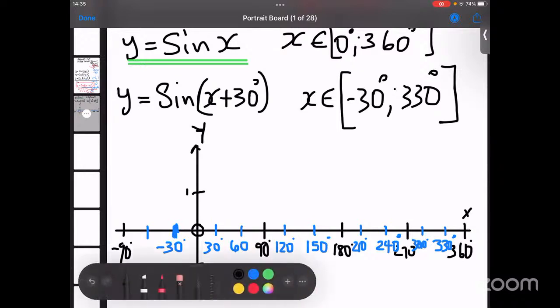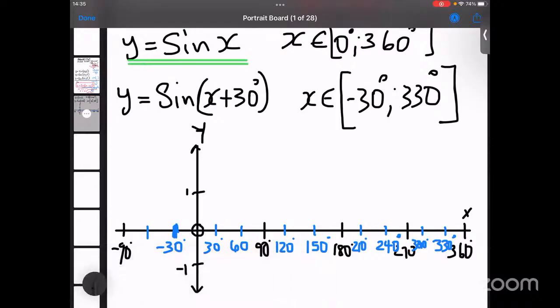Let's start by plotting that first one. It starts from 0, it ends at 360. So sine at point 0 gives us 0. Then we update and say our next critical point is 90. At 90, it gives us 1. And then at 180, it gives us 0.